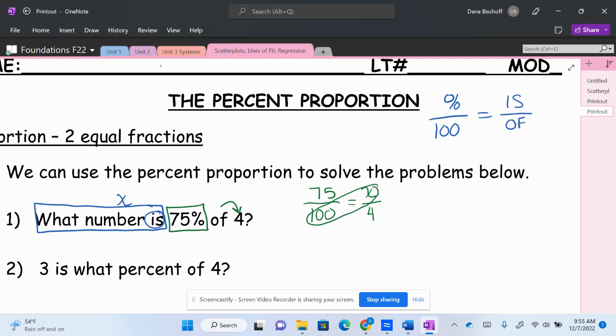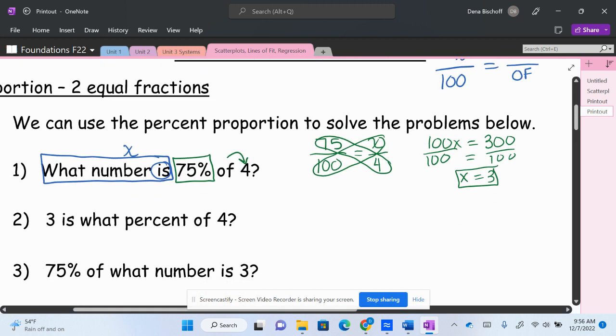Now I'm going to cross multiply. 100 times x is 100x. 75 times 4 is 300. Divide both sides by 100. I find out that x equals 3.